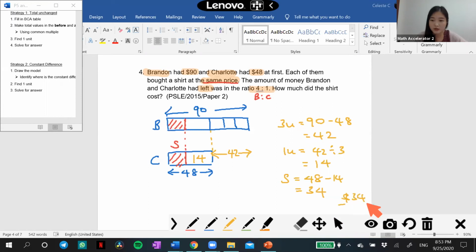So if you selected 34, that's correct. Right, $14 is only 1 unit, so that's not the cost of the shirt. So if you selected 14, no, that's not correct. So it should be 34. So do the amendments, if you selected the wrong answer. Right, do your corrections.